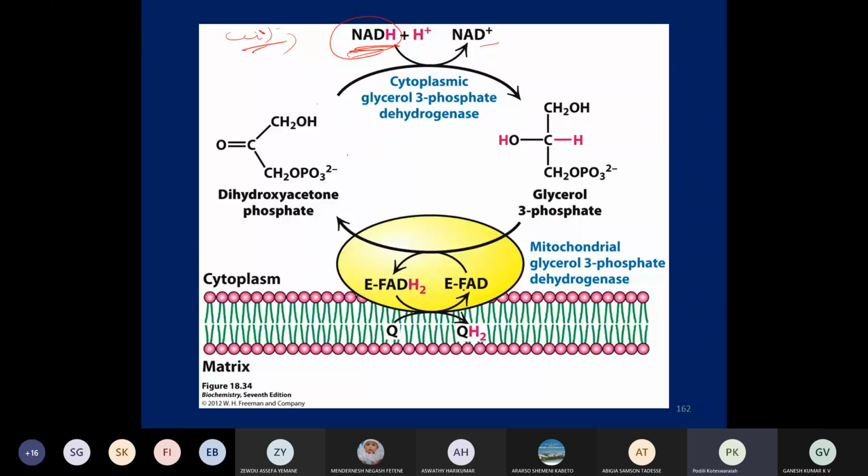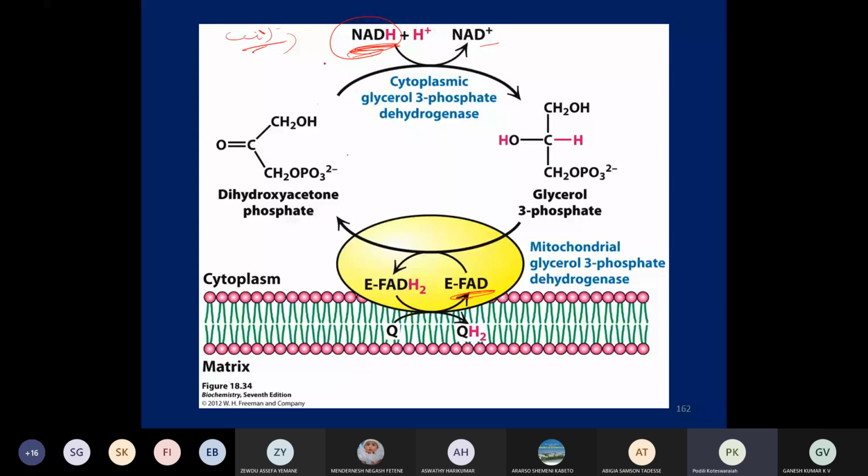This glycerol 3-phosphate enters into the mitochondria, where it is converted back to dihydroxyacetone phosphate by the mitochondrial glycerol 3-phosphate dehydrogenase, because the cytosolic enzyme uses NADH as a cofactor, whereas the mitochondrial enzyme uses FAD as a cofactor.